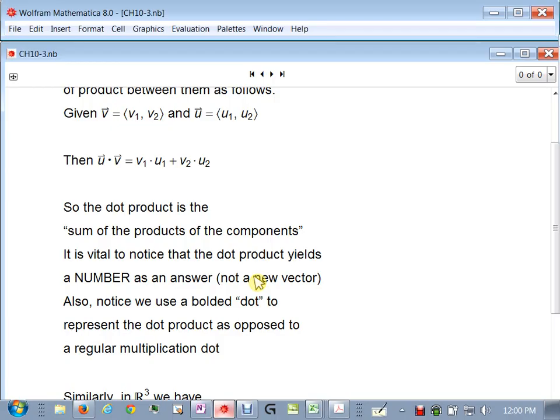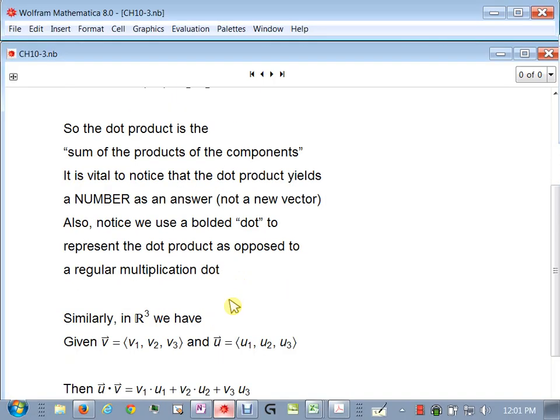You subtract them, you get a new function. You integrate a function, you get another function. You differentiate, you get another function. Here with vectors, we have two vectors and an operation where we multiply them together, the dot product, and it spits out something that's not a vector anymore. It's a number. That's just something to keep in mind. It happens in math, and I just don't want it to get swept under the rug without us noticing. So we have a number. Also notice we use the bolded dot.